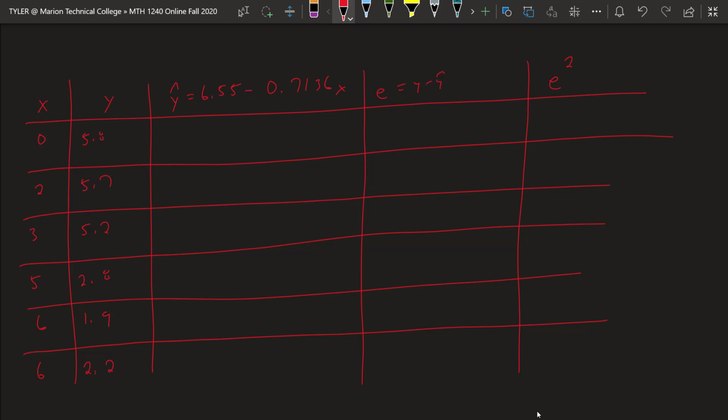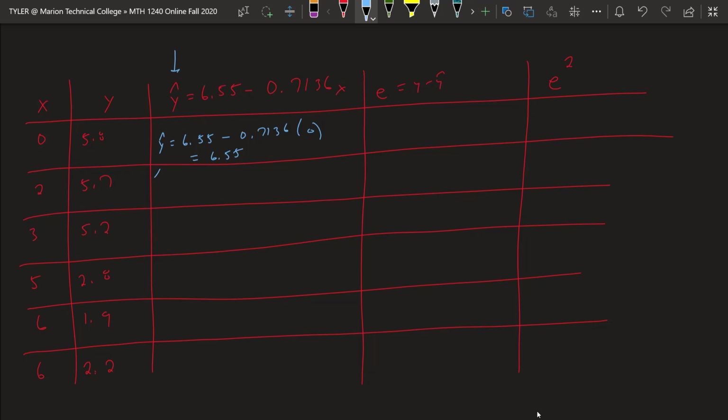Right, so then to calculate the y hat value, we're just going to plug the given x value into this equation. So we would have y hat equals 6.55 minus 0.7136 times the x value, which is 0. If we throw that in your calculator, you get 6.55, right?